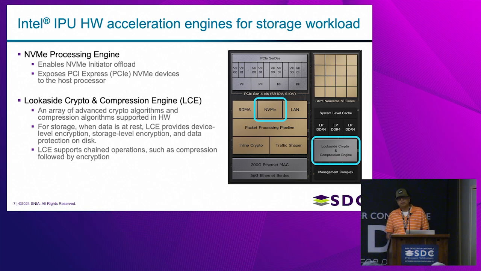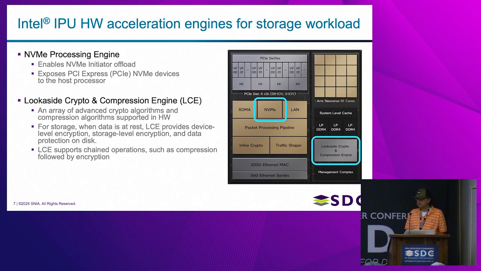One such unique capability is being able to chain operations such as compression followed by crypto, crypto followed by a direct DMA, encryption followed by a direct DMA. There are many types of operations where you can issue a single command and those can be chained.